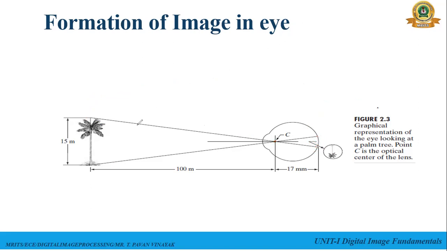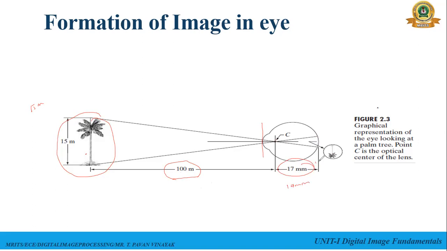Let us see a small problem. Let's consider the object, this tree. The height of this tree is 15 meters. You are located here, meaning the human eye is located here. The distance between the object and the human eye is 100 meters, and the focal length is 17 millimeters.